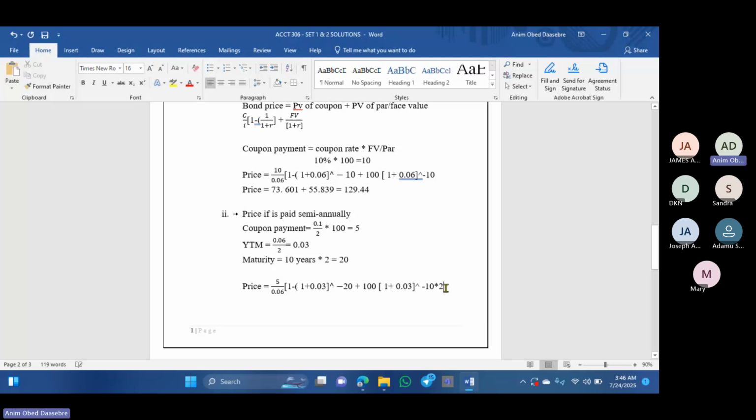Here negative 20. So now give me the present value for the coupon payments and the present value for the face value separately.